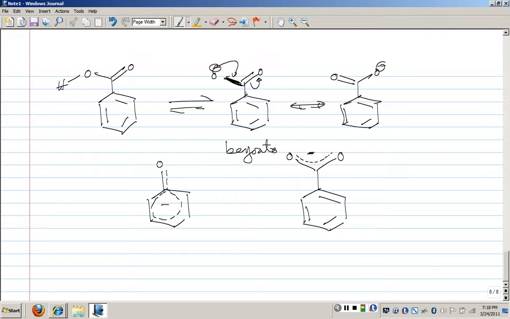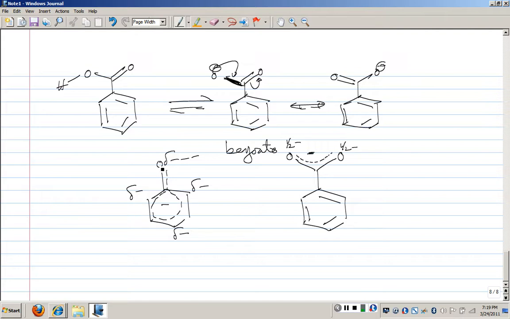But in the phenoxide, remember we said that the brunt of the negative charge would be supported by the oxygen, and much less of it by the carbons, because the carbons are not very electronegative. Whereas here, functionally, I have a half minus here and a half minus here. I'm not going to put a number to it, but you have maybe 90% of the charge in the O, and the other 10% dispersed among these 3 carbons.